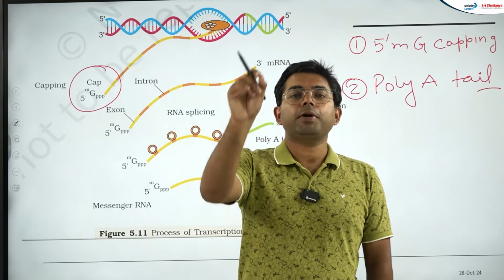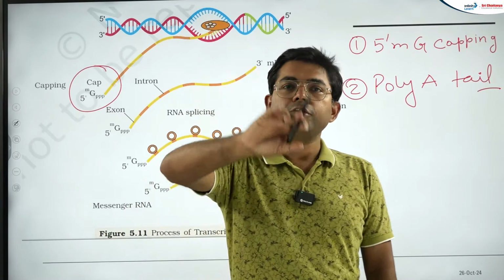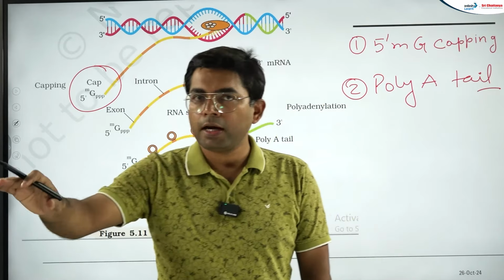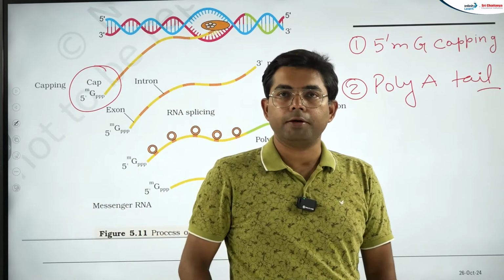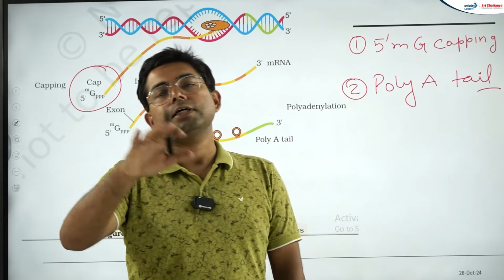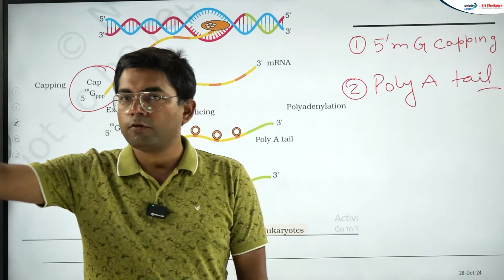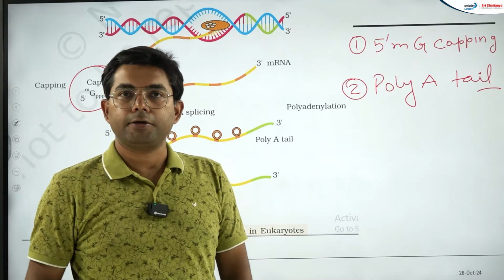Because the 3' end is more reactive, so there will be more deterioration on the 3' end as compared to the 5' end. The 5' end is comparatively stable, the 3' end is comparatively unstable. That is why a large number of A will be there to protect it.